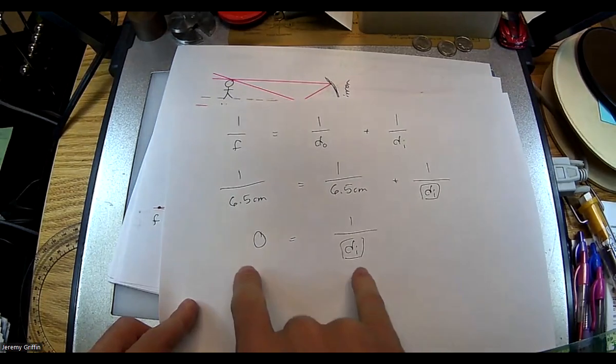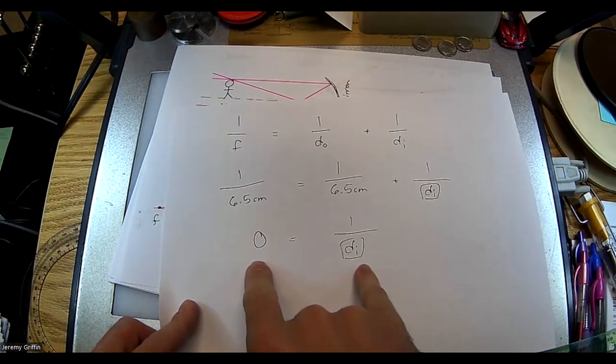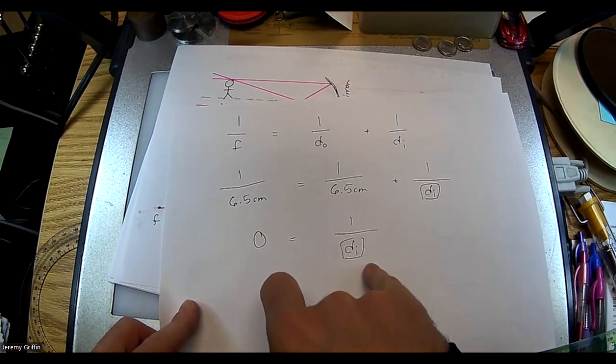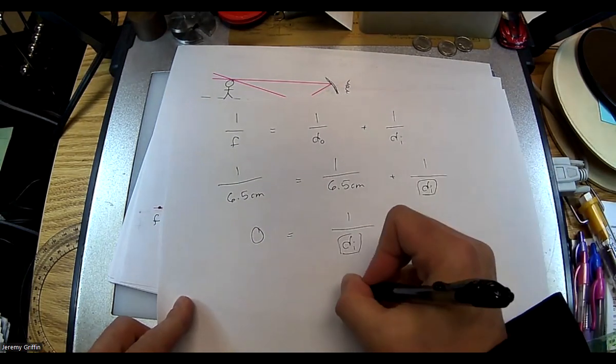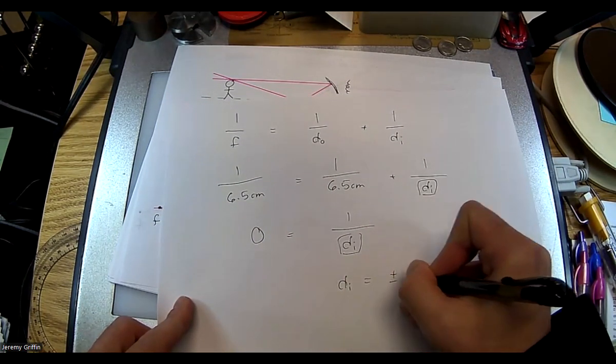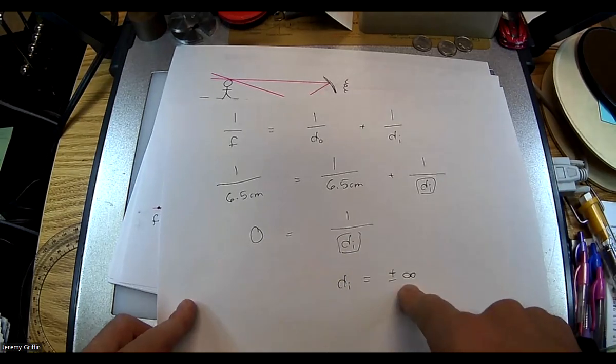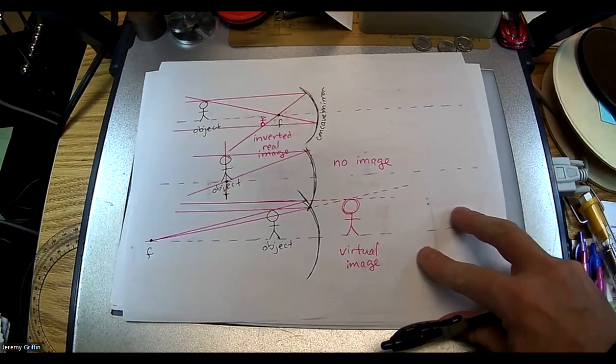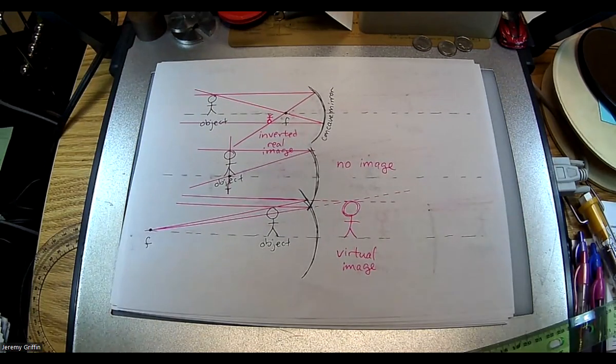Guys, mathematically, what's the answer to this equation? 1 over what is equal to 0? Infinity. Right? It could be plus or minus infinity. That's the math that aligns with there being no image at all. You just see a blur. Okay. Right, you guys good there?